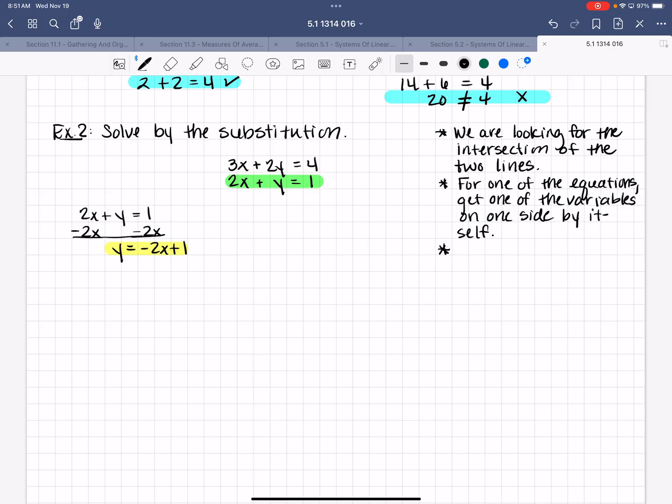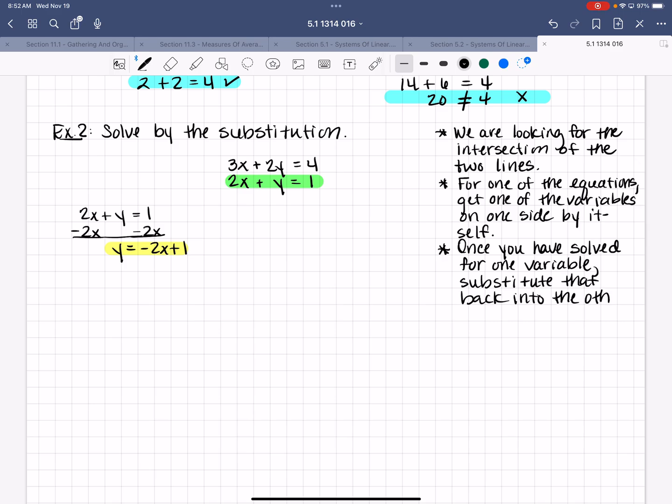Now, substitution works like this: once you have solved for one variable, substitute that back into the other equation. Okay? So for us, that's the top one, the one I haven't highlighted.